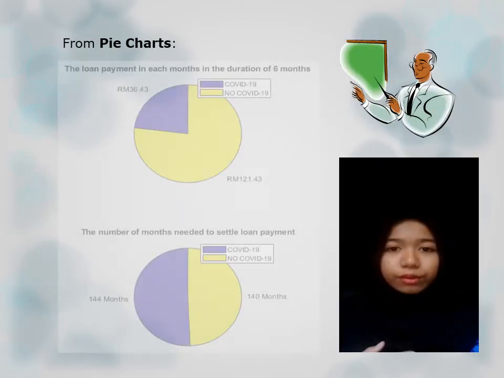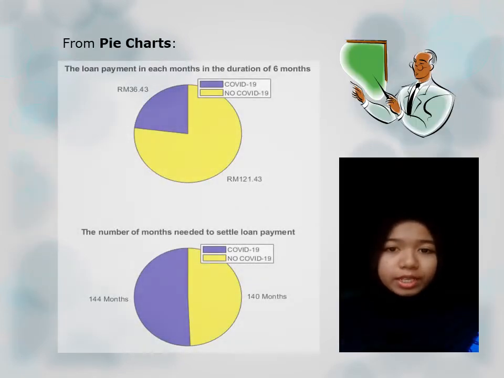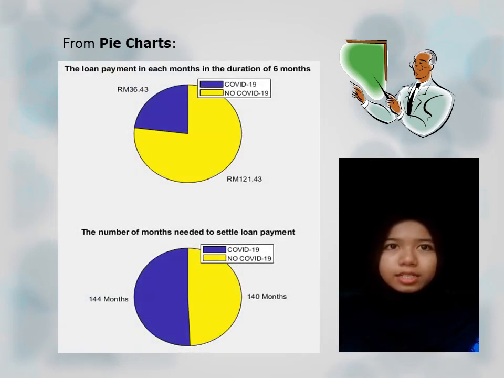Illustrate the amount of loan that holders need to pay in a month during the 6-month period and the number of months to settle all their loan. So in the first chart, the amount of loan for positive COVID-19 will be 36 ringgit 43 cents and 121 ringgit 43 cents for the negative COVID-19 situation.